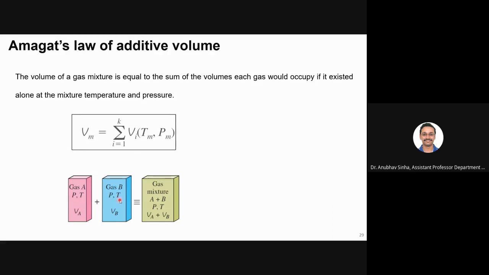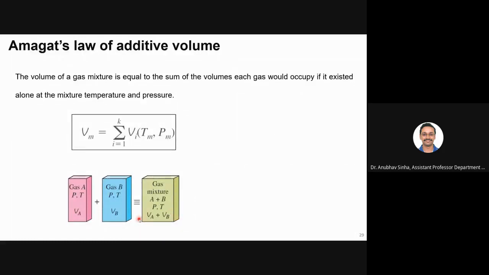That is important. So let us say nitrogen at atmospheric temperature and pressure, oxygen at atmospheric pressure and temperature. Now if I want to maintain the same pressure and temperature, what I need to do is keep the volume of the mixture equal to the sum of these two. So if we have three components, we'll take a box which has the sum of all three volumes.